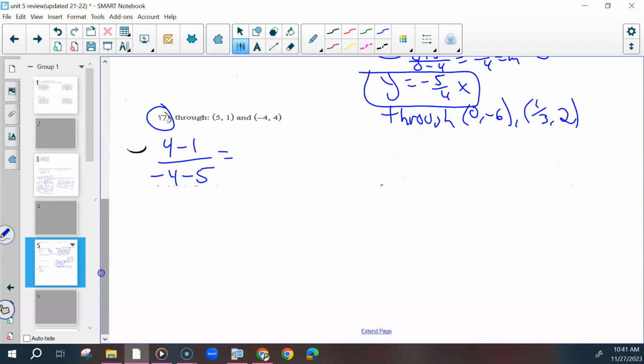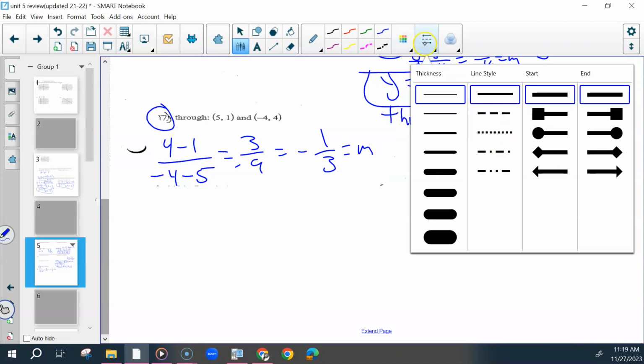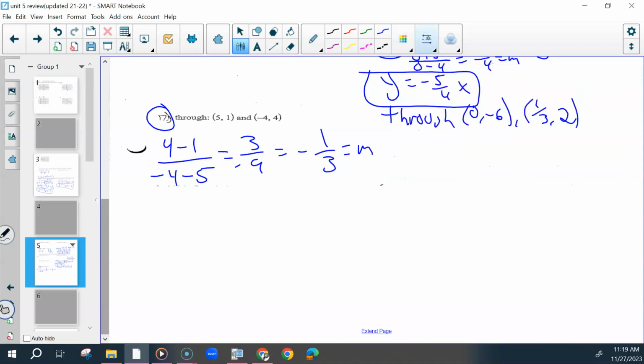What is that slope? 3 over negative 9, which would simplify to negative 1/3. Alright, we will continue that one. Okay, so we found our slope.